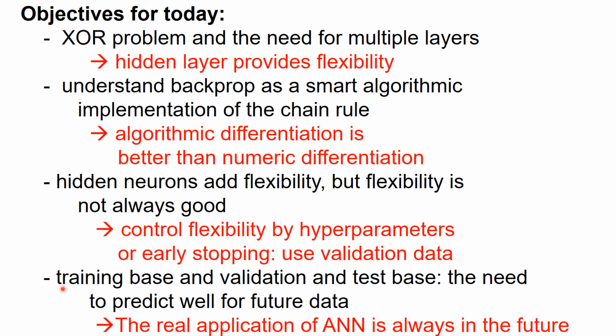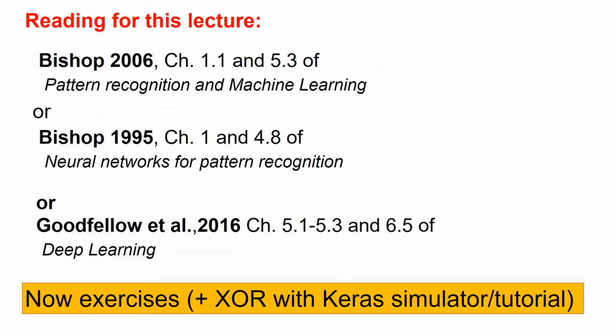In the ideal case, you would put aside a test set which plays the role of future data which you never touch, and then you do k-fold cross-validation to find the best configuration. I've covered a lot of material today. All of this is standard introductory material, which you find in the textbooks.